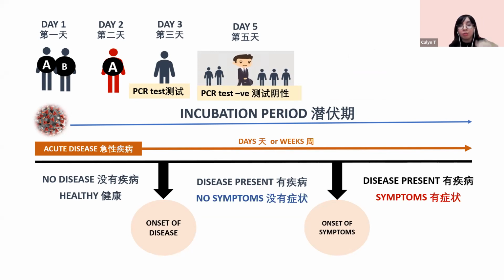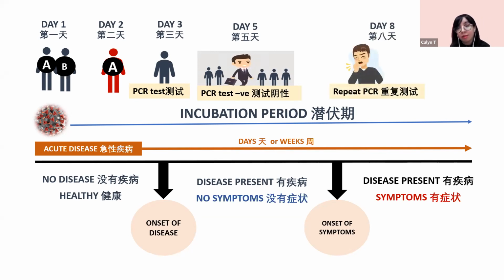But remember, you're still within the incubation period. And by day 8, you suddenly have symptoms of coughing, and you go and repeat your PCR, and you find that you are positive. So by the time you reach this point, if you went out on day 5 and started contacting other people, day 5 to day 10, those who you have been in close contact with will then become your B.